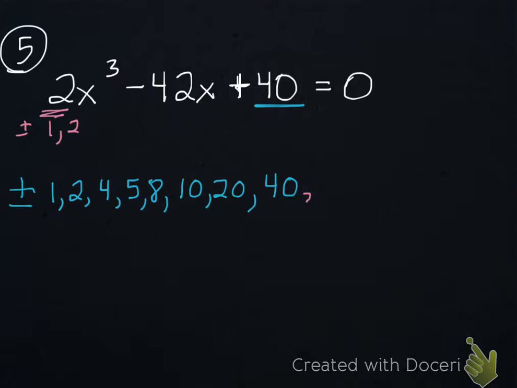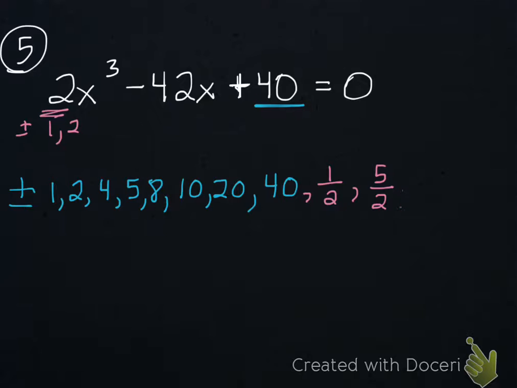Now we divide each of those by 2 and see if any are unique. 1 divided by 2, 1/2, not on the list. 2 divided by 2 is 1, that's duplicate. 4 divided by 2 is 2, duplicate. 5 divided by 2, that's unique. 8 divided by 2 is 4, 10 divided by 2 is 5, 20 divided by 2 is 10, 40 divided by 2 is 20.